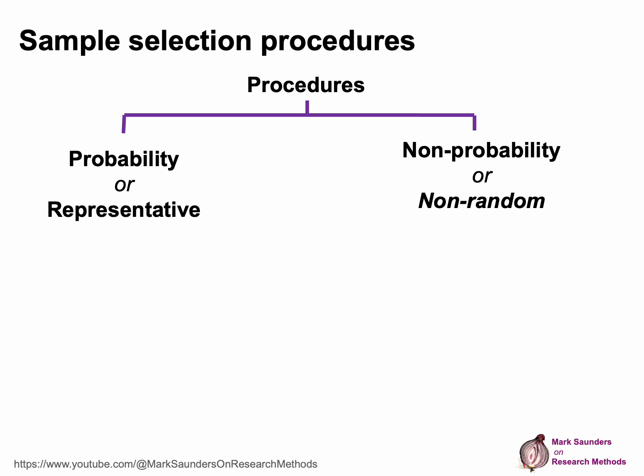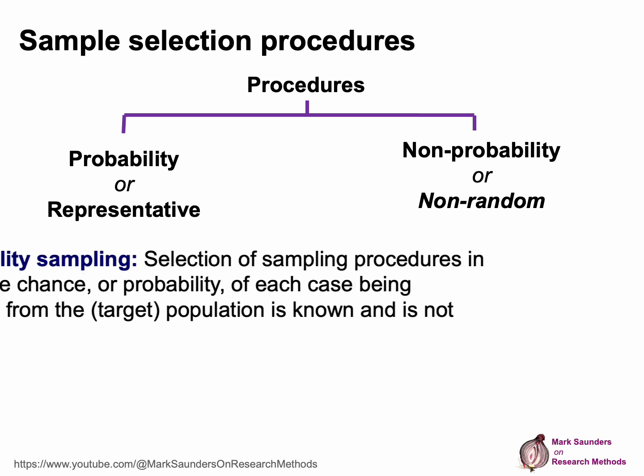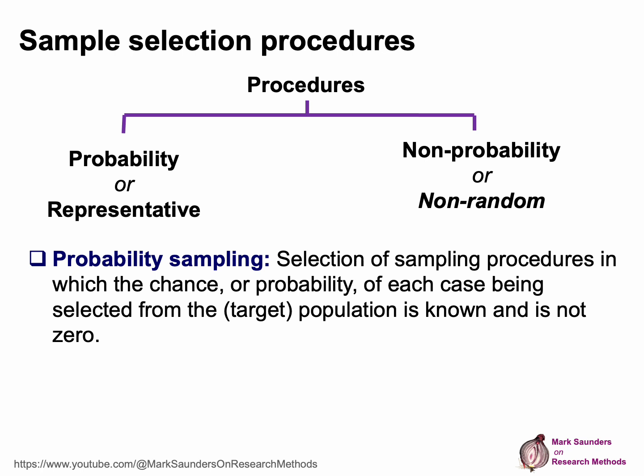So we're going to look at two groups of sample selection procedures in overview in this video. We're going to look at probability or representative sampling and non-probability, also known as non-random sampling. Probability sampling is a whole set of techniques or procedures in which the chance, in other words, the probability of each case being selected from the target population, is known and is not zero.